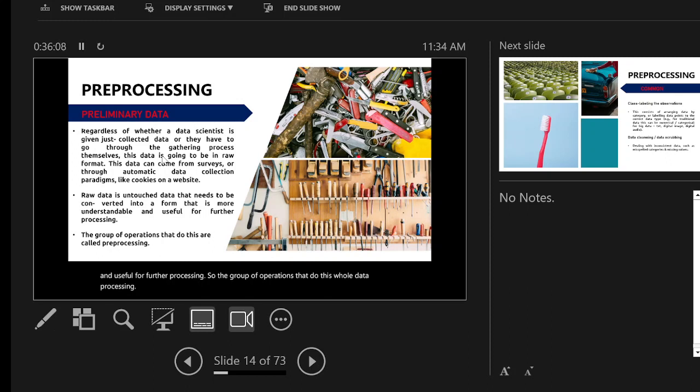Data cleaning is part of pre-processing. Pre-processing is the larger scope. So we are going to see some data pre-processing methods, of which data cleaning is part.